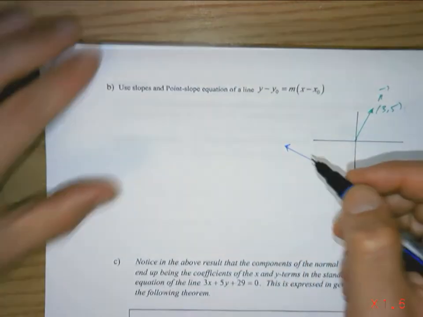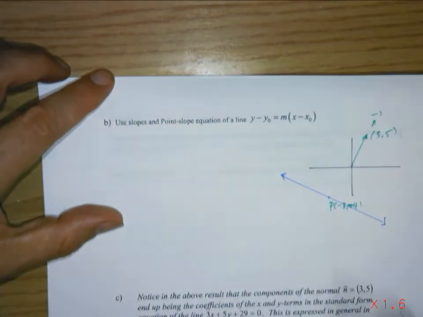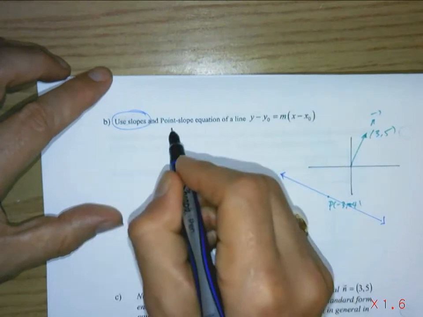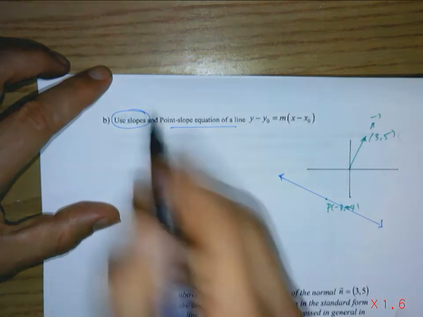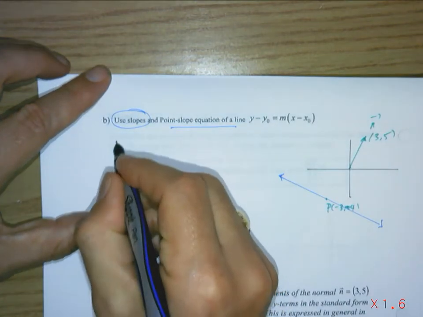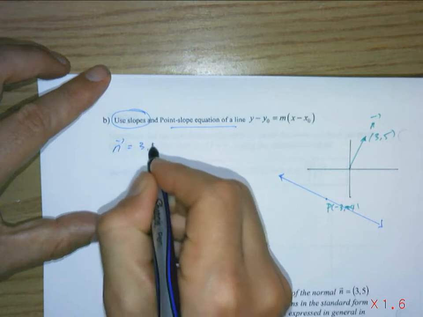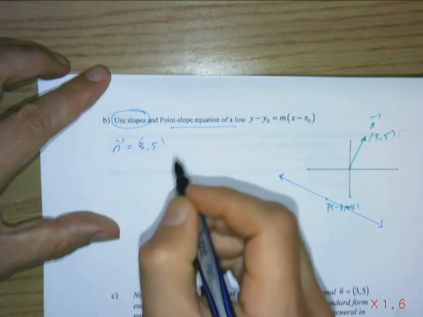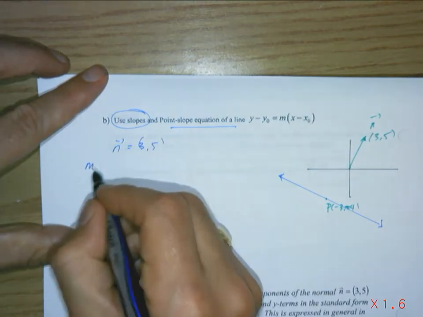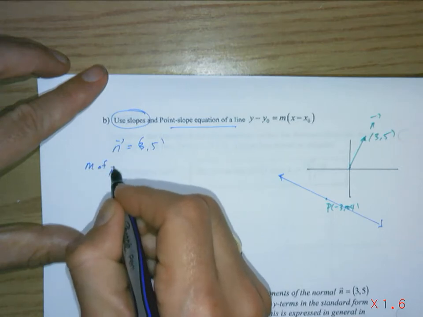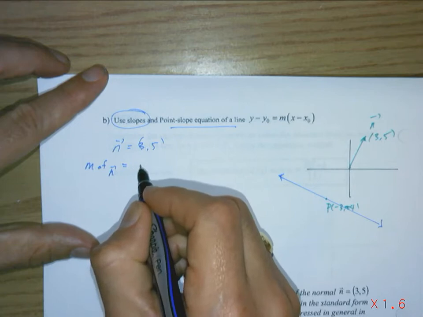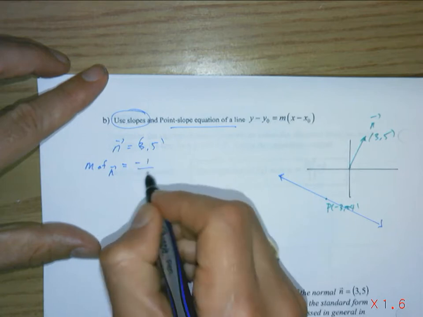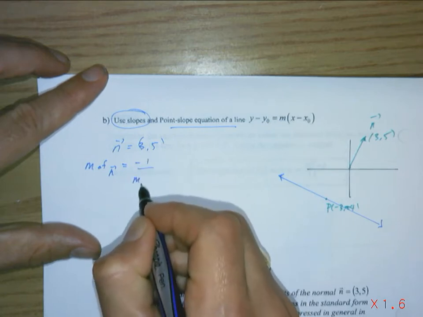And they would like me to use slopes to calculate the point slope equation of the line. So this is going to be more like grade 9. So I think we can do this by simply saying that the normal equals 3 comma 5, and we know that the slope of our normal is going to be equal to the negative reciprocal of the slope of the line.